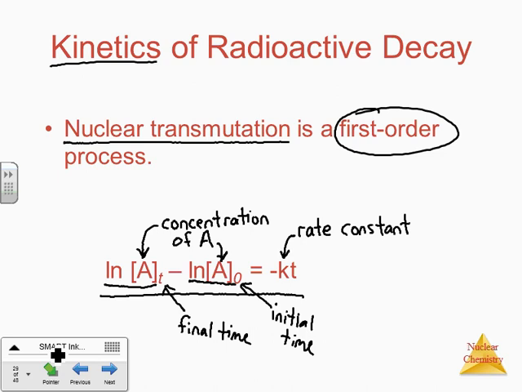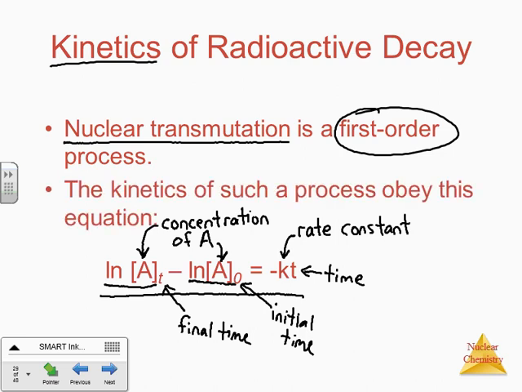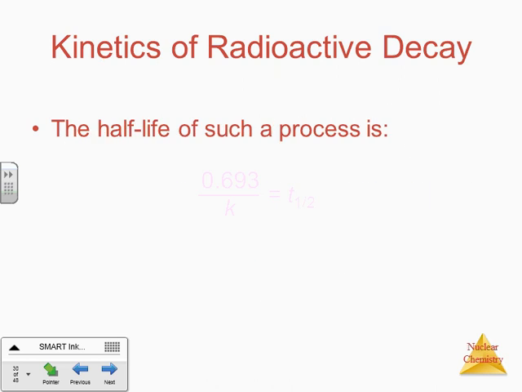And we can calculate that k for each different type of nuclear decay. So for every type of nuclear decay, the k is going to be a little bit different. And then t is just time. Okay? All right. Hopefully that makes sense. I'll show you how to use this equation in just a minute. So kinetics is such a process, obey this equation.